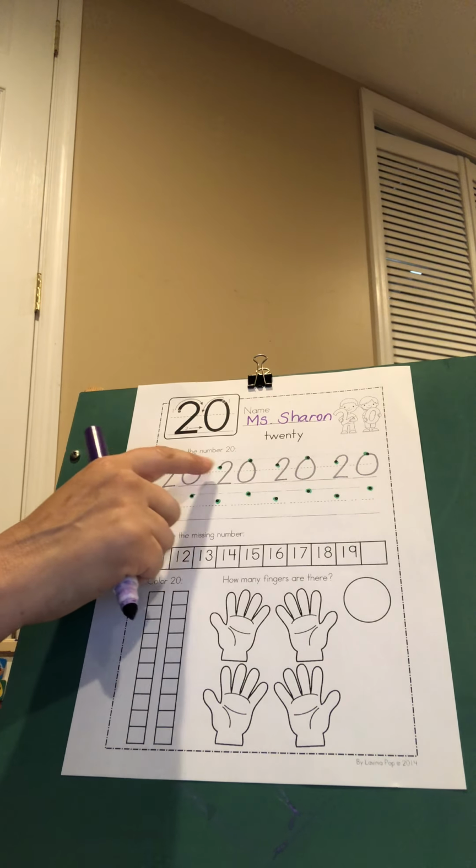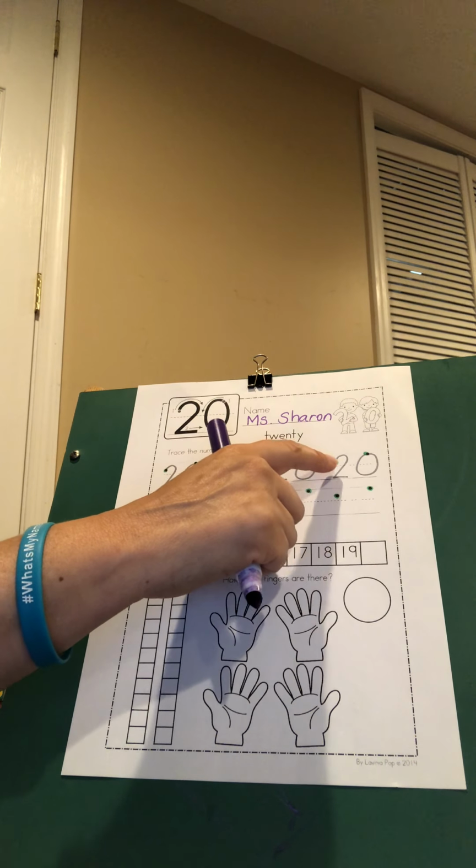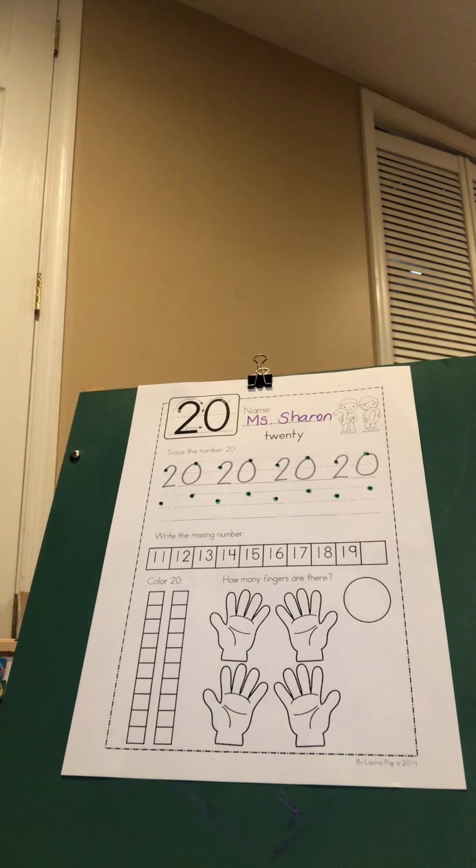Now, I have my green dots, so they remind me that I always start my numbers at the top, and green means go. But I know you guys are so big, you don't need your green dots anymore sometimes. So if you want to make green dots, you can, but I know some of you like to say, I don't need green dots. I know that I start my numbers at the top.